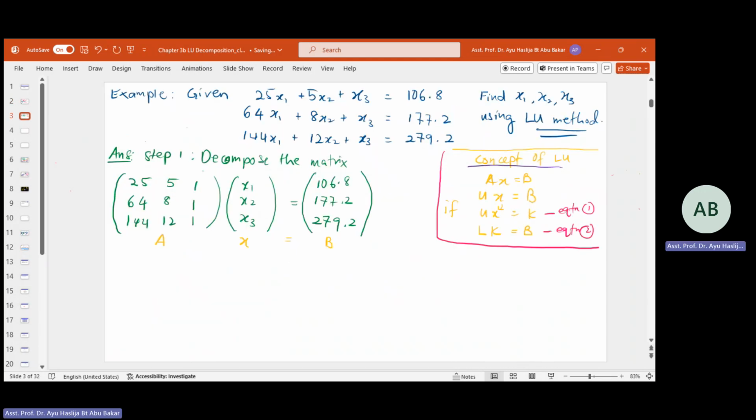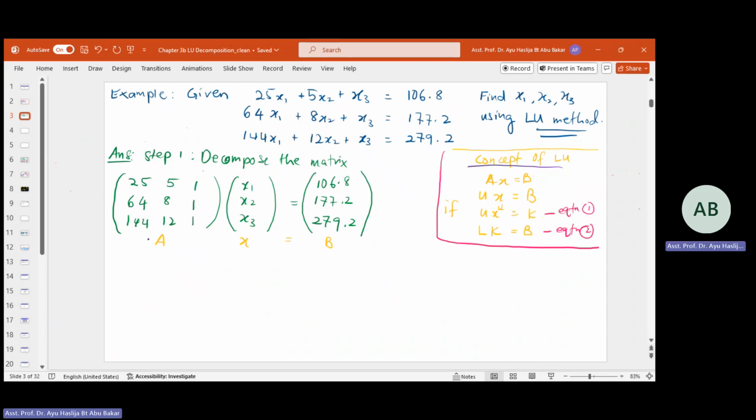Given this example, given this equation, the question asks you to find x1, x2, x3 using the LU method. Okay, first step, as always in Gauss elimination, convert it into matrix form.